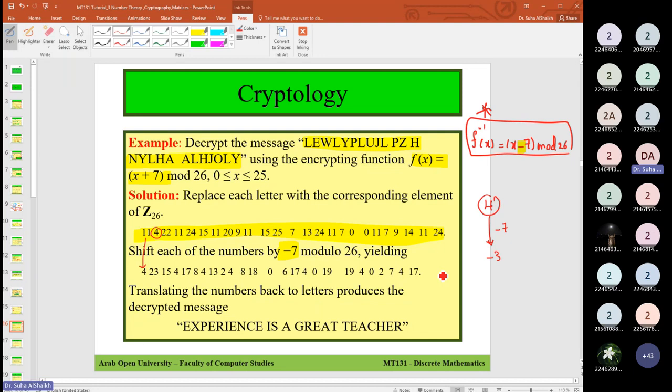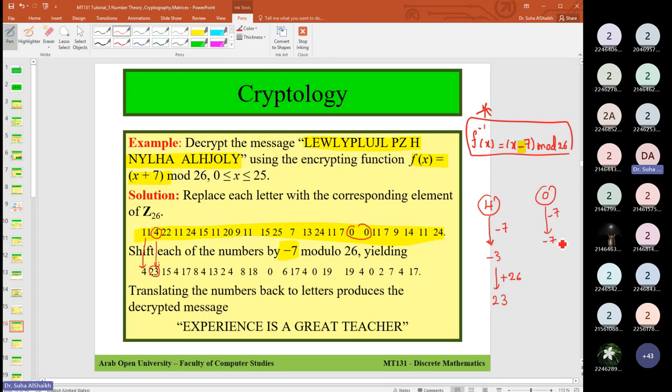Do I have minus 3 in my table? No. So to stay within the 26 letters, we add 26. This is the reverse operation, right? There we were adding 7 and subtracting 26. Here we add 26. Excellent. And this will take me to 23. So the 4 will go to 23. Try with the 0 here. You see the zeros here? The zero, for example, if I subtract 7 from it, it will go to minus 7. Minus 7 is an unusual value that I don't have in my table, so I have to add 26 and this equals 19.